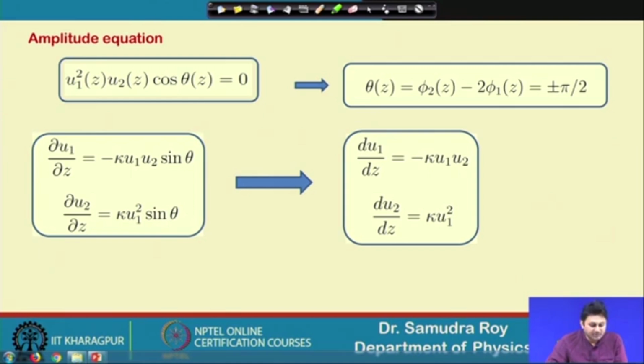Using this, we find that this quantity u1 square u2 cos theta is nothing but 0.